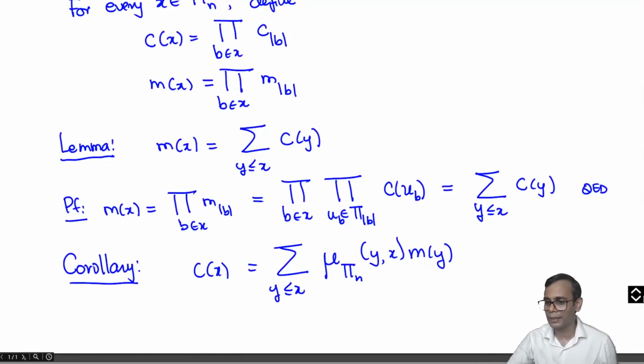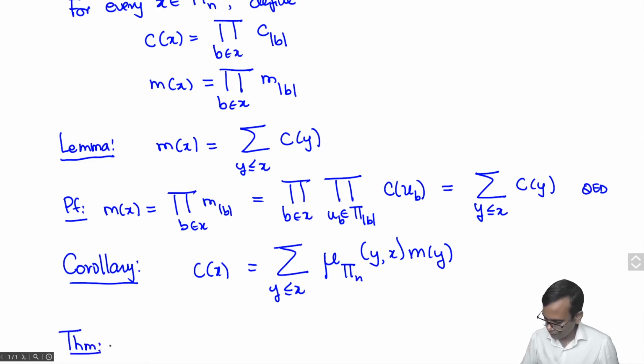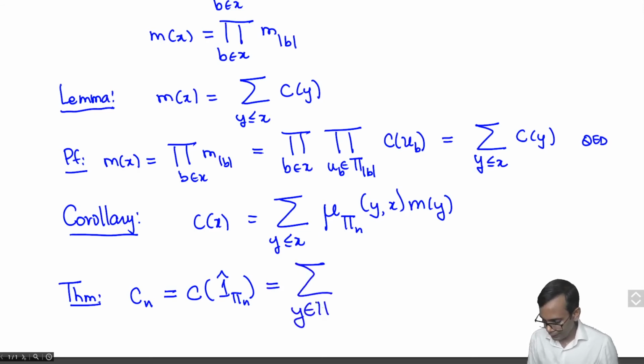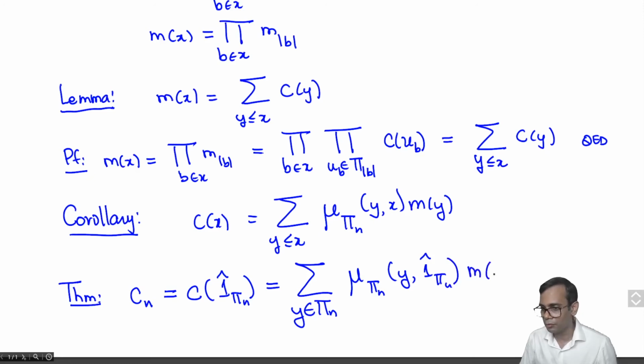Let me write down the final formula as a theorem. C_n, the number of connected graph structures on the vertex set n, is C of the trivial partition in Pi_n. By this formula, this is the sum over Y in Pi_n, everything less than or equal to 1-hat, of mu_{Pi_n}(Y, 1-hat) times M(Y).